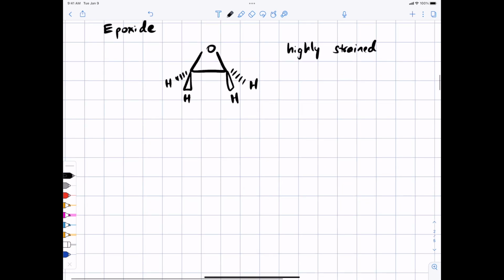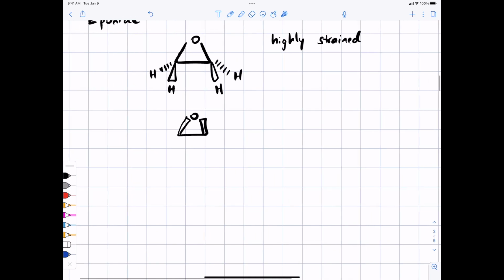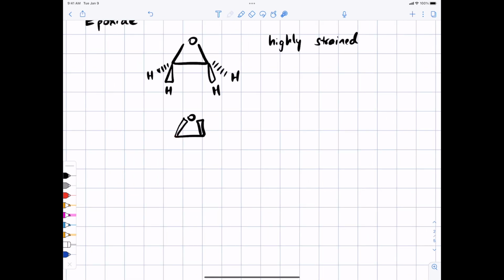Alternatively, you could draw an epoxide like this, where one of the bonds in the epoxide ring is in the plane of the page. We'll put one of the substituents down here in the plane of the page, and then we'll have going back into the page the hydrogens. You can draw this either way. Both of those are equivalent.